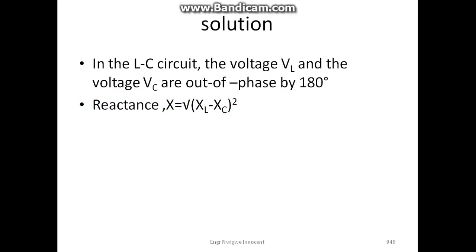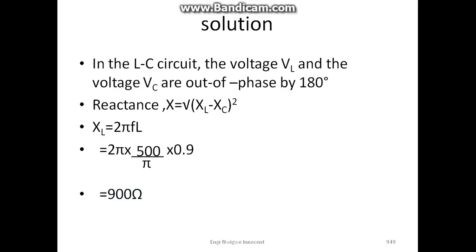Reactance S is equal to square root of, in bracket, XL minus XC, squared. XL is equal to 2 pi FL, which by substituting the values we have 2 pi times 500 over pi times 0.9. Therefore, XL is equal to 900 ohms.